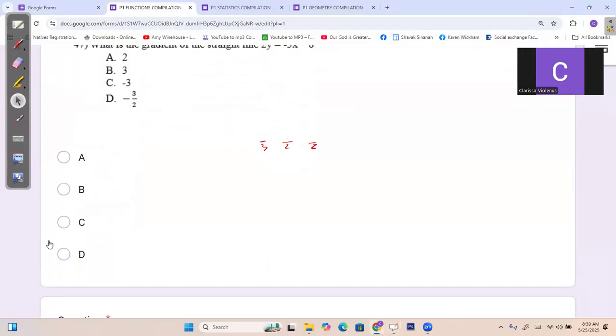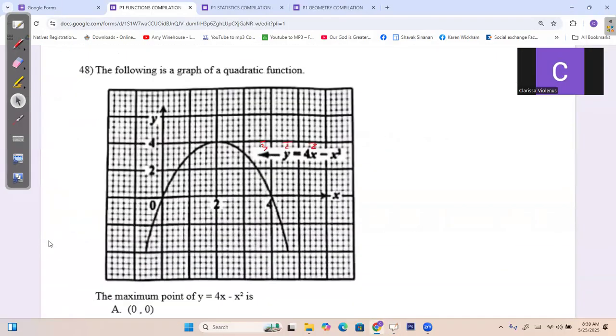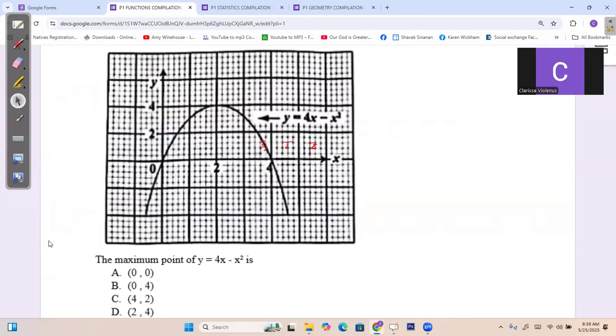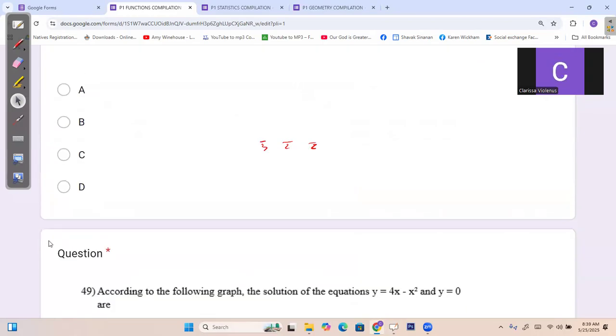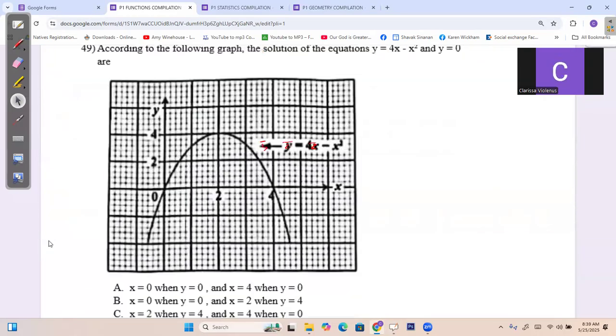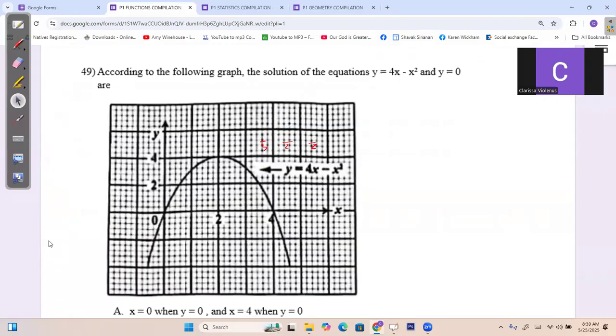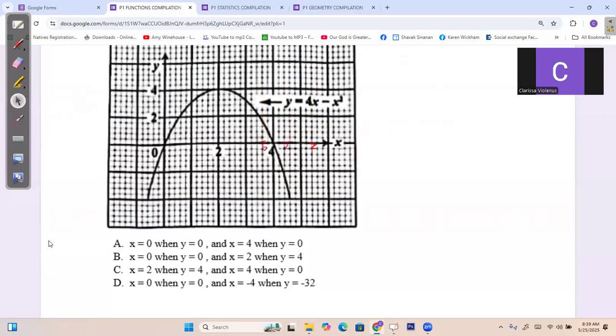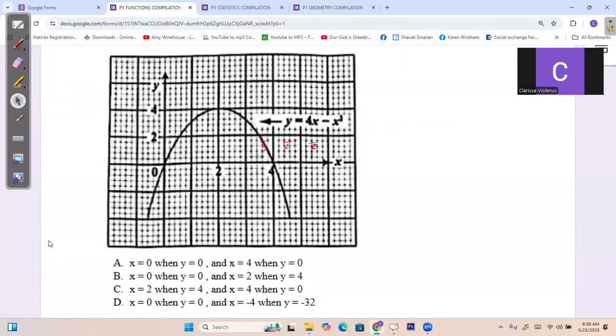So that's D. The maximum point is 2, 4 again. D, same question coming back. According to the solutions, the solutions means the roots. The roots are 0, 0 and 4, 0. So that's A.